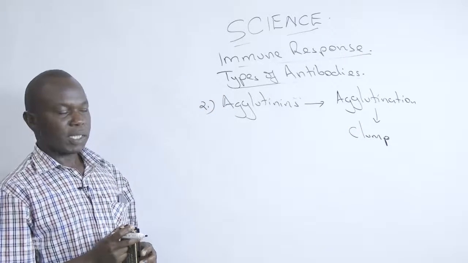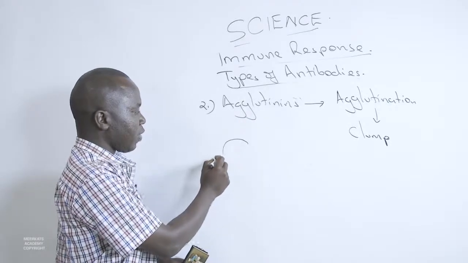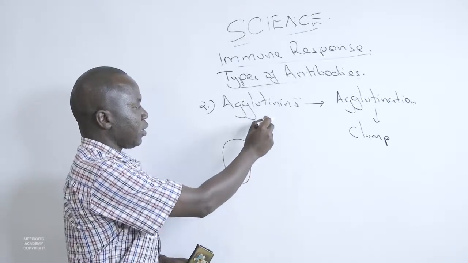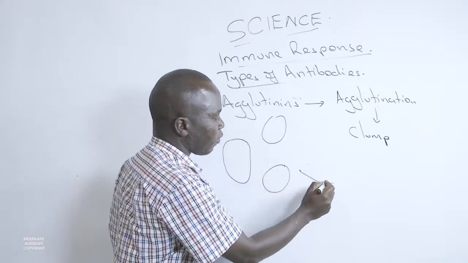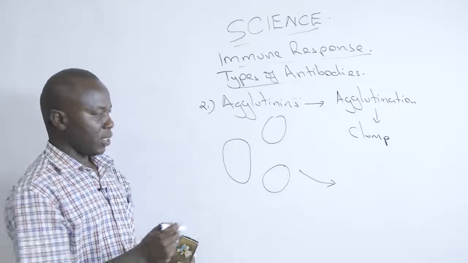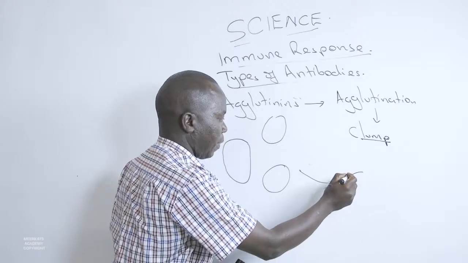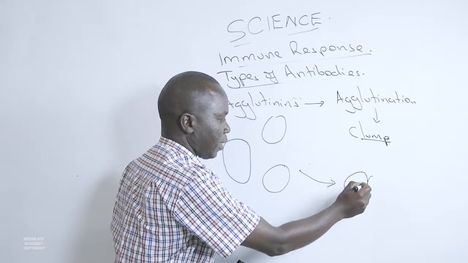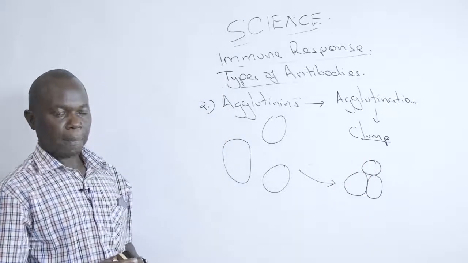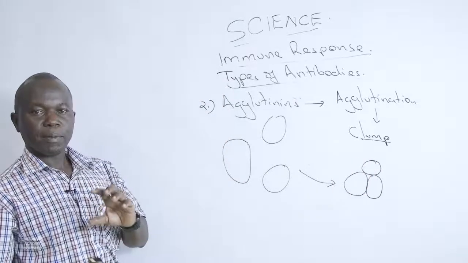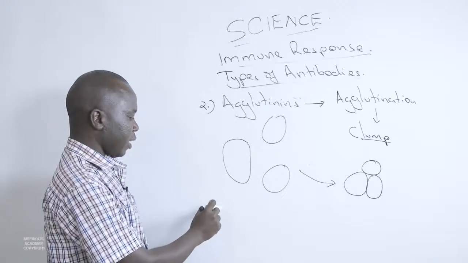So what will happen to the cells upon production of agglutinins is that if we have bacterial cells that were apart, the presence of agglutinins will cause them to clamp together. If these are bacteria, remember one way in which bacteria reproduce is through binary fission.